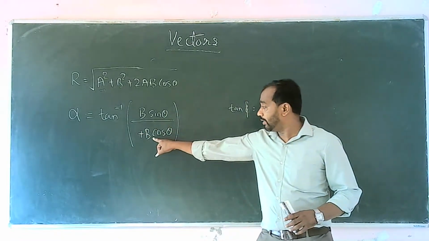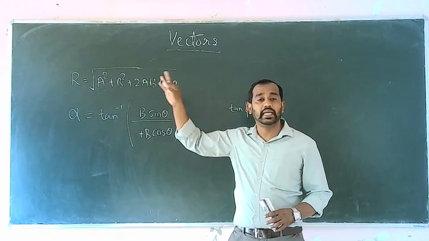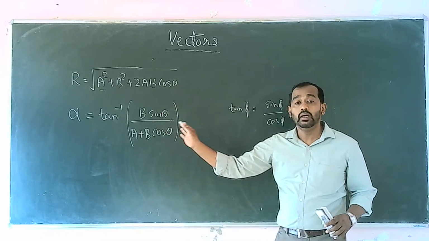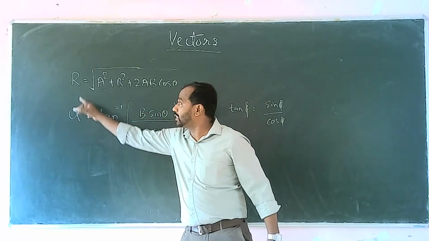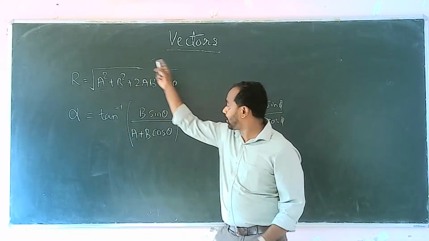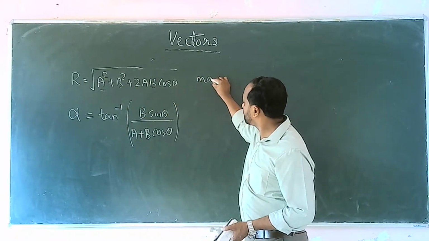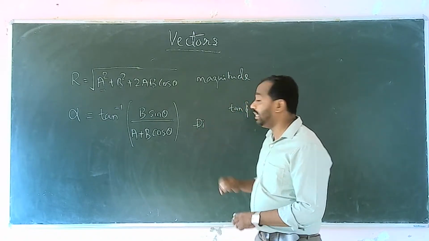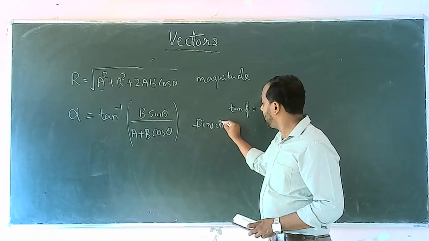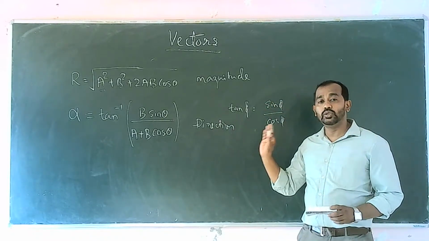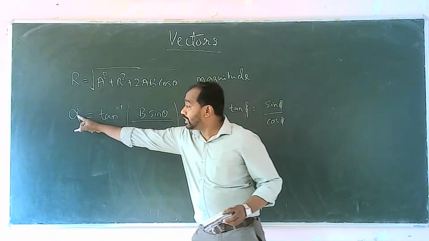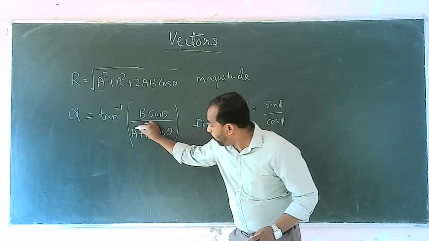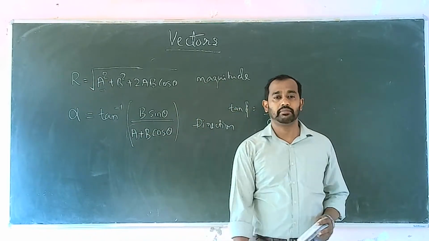In the denominator, we have to add the vector which is taken as the reference, that is A. Therefore, this is the formula to find the direction of the resultant vector. This represents the magnitude, and this represents the resultant direction. But you should remember that this is the angle made by the resultant R with respect to A. That's the meaning.